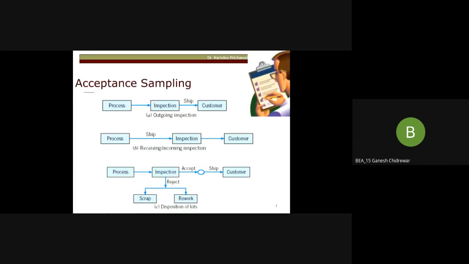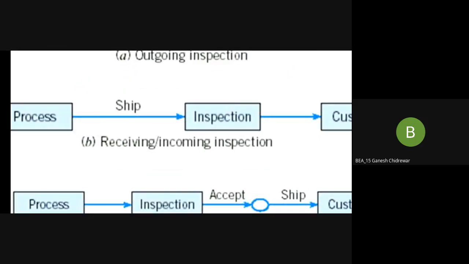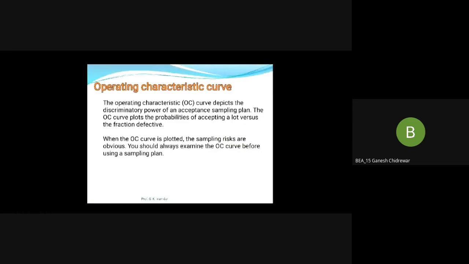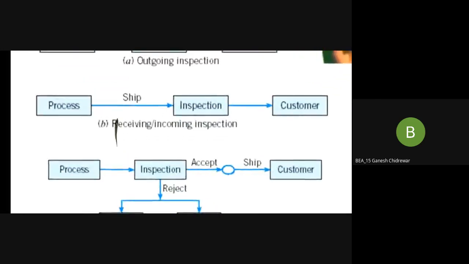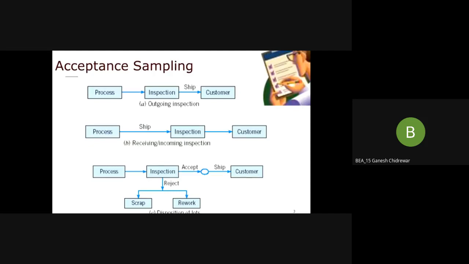This is the procedure of acceptance sampling: the basic process is inspection, sampling and customer. Whenever any product is rejected from the inspection, definitely we have to scrap or rework it. We have to take a decision on that product. If any rejected lot exists, how do we reuse that lot?